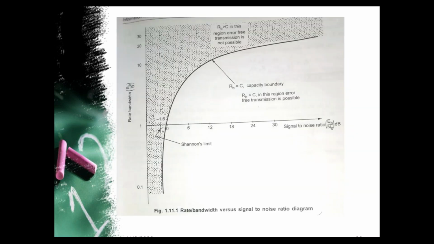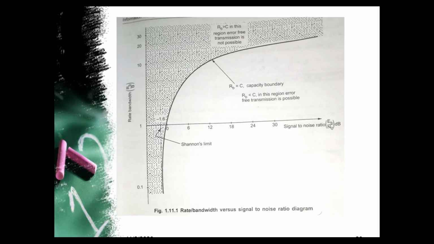If we take this EB by N0 value in decibels, 10 log 0.693 gives minus 1.6 dB. Thus EB by N0 equals minus 1.6 dB for B tends to infinity, that is shown here.